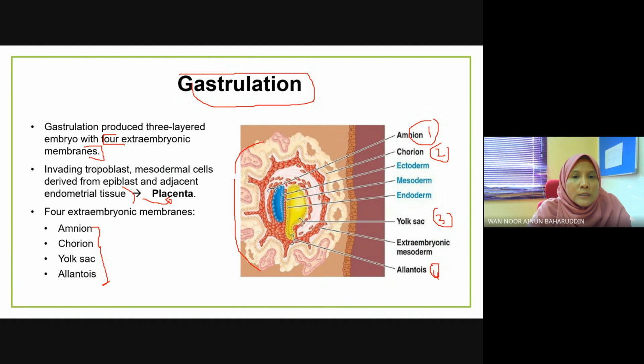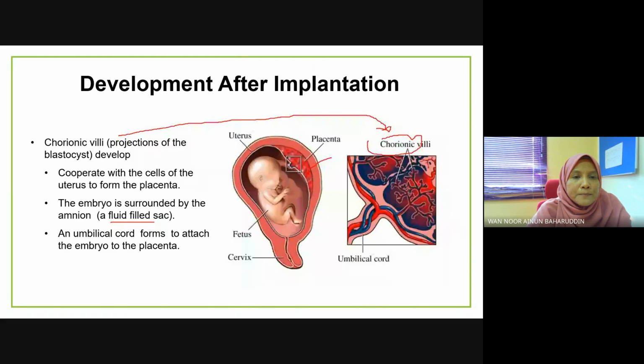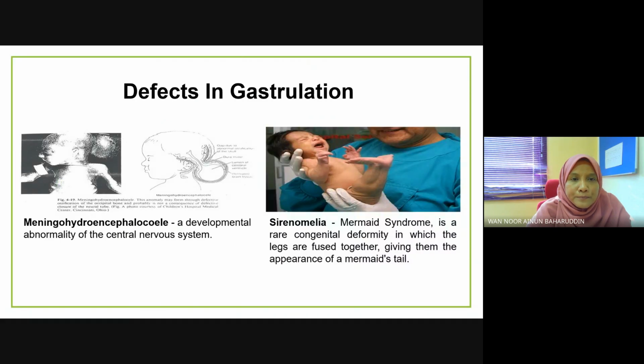This amnion will become a sac. The chorion will become the many villi. And the umbilical cord forms to attach the embryo to the placenta.